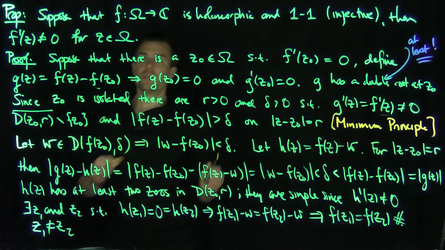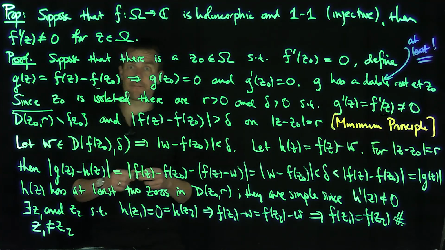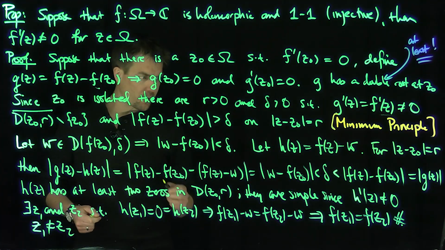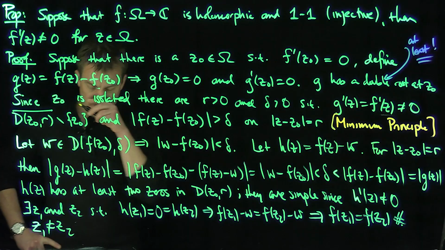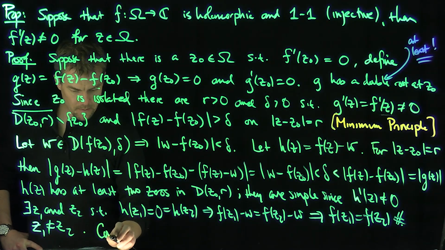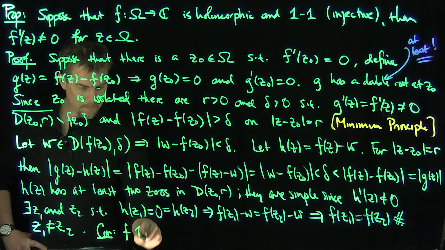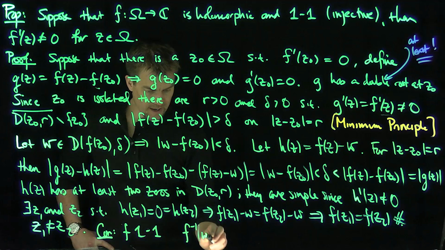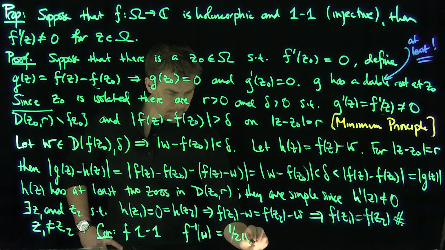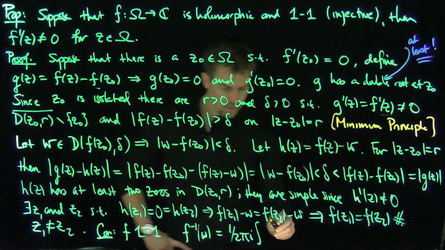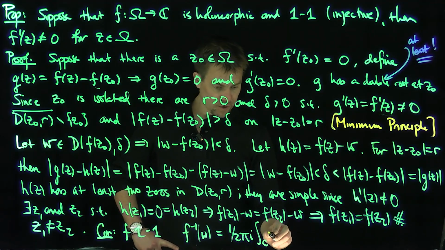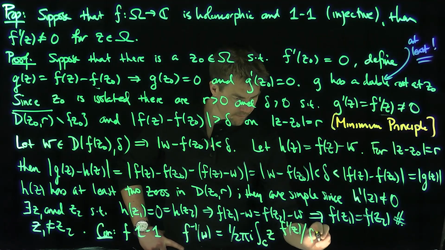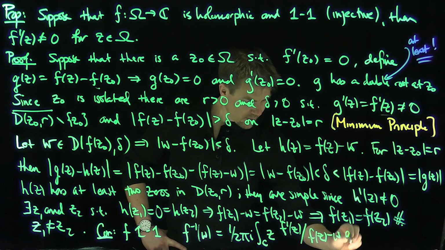Excellent, okay? Now, the nice thing is that we're actually able to get a formula for the inverse function. And how do we do that? We'll see in further videos how we exactly get this formula, but the formula comes down as follows, right? So a corollary of this is that if f is one-to-one, then f inverse of w, in the right context, is 1 over 2 pi i, the integral over C, some circle, of z times f prime of z over f of z minus w dz.